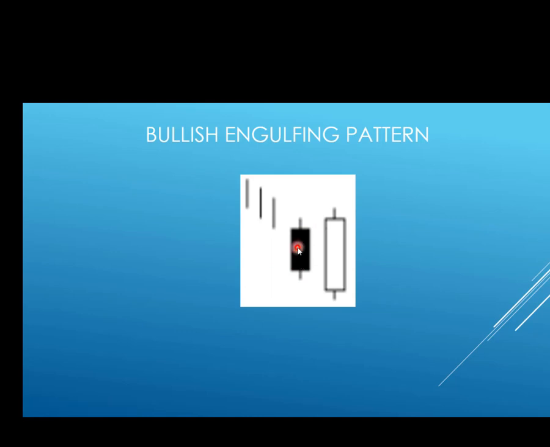So in this case we have a bearish candle followed by a bullish candle where the opening is lower than the closing of the previous day on the bearish candle, but the closing of this day is higher than the opening of the previous day. So the body of the candle engulfs the body of the previous day's candle. The wicks may or may not be longer.